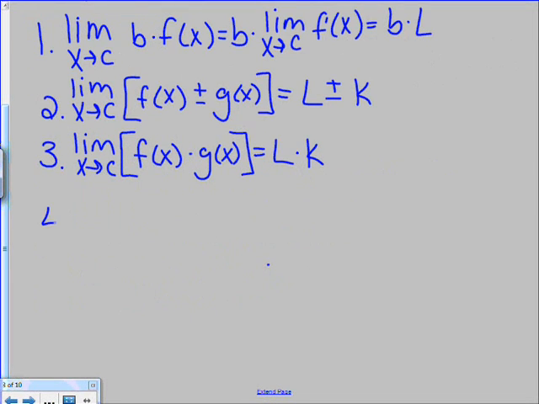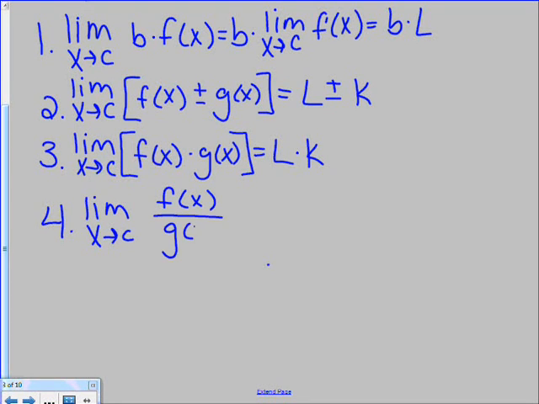So for our fourth property, since we already covered the 3 main operations, we're going to cover the fourth, or division. So when we have the limit as x approaches c for some function f of x divided by another function g of x, just like before, we're just going to plug the limits in appropriately. So instead, our answer is going to be L divided by k.